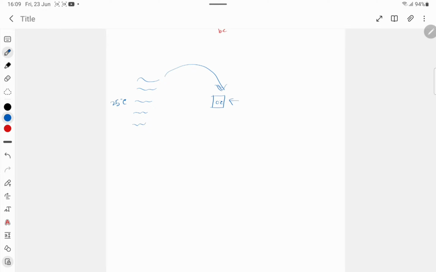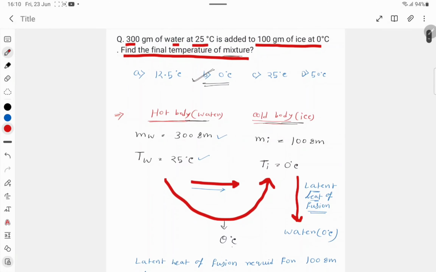Now you pour all the water onto the ice. All the heat is used to melt the ice, so the ice will melt and convert into water, but a few amount of ice will still remain. So in the solution, this will be 0 degrees Celsius, and the ice that is left is also 0 degrees Celsius. So the temperature of the mixture is 0 degrees Celsius. So the answer will be 0 degrees Celsius.